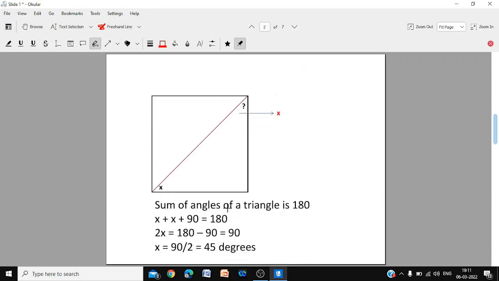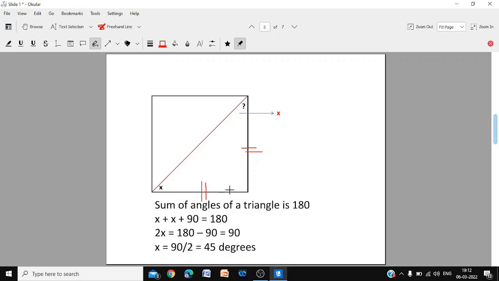Now here we use one principle that because it is a square, this side should be equal to this side. In fact, all the sides are equal. In a square, all the sides are equal. But since we need only this triangle, this side is equal to this side.